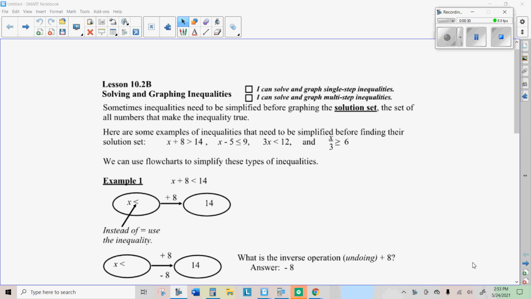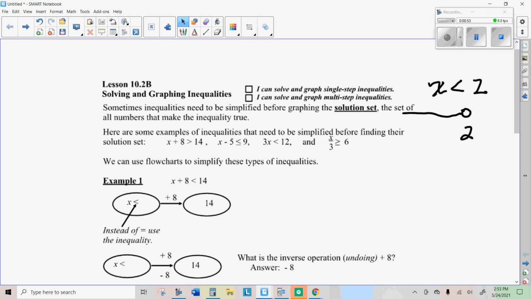So you guys, I just want to remind you of a couple things here. This would be any number less than 2. So on a number line you would see an open circle at 2 because that's not included. And then the solutions are everything to the left side of that.